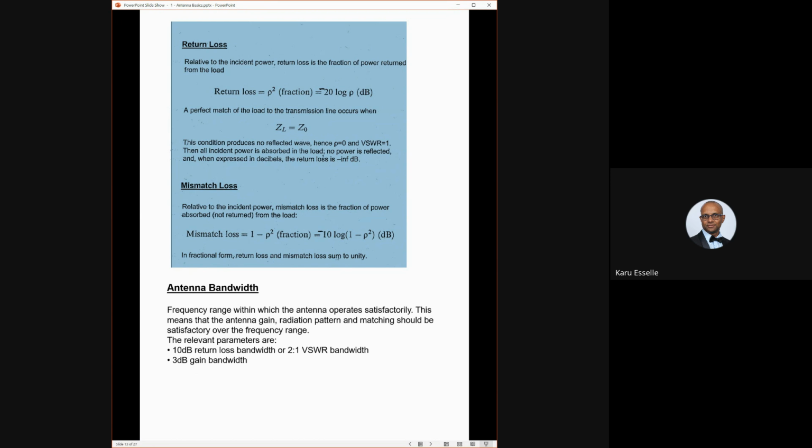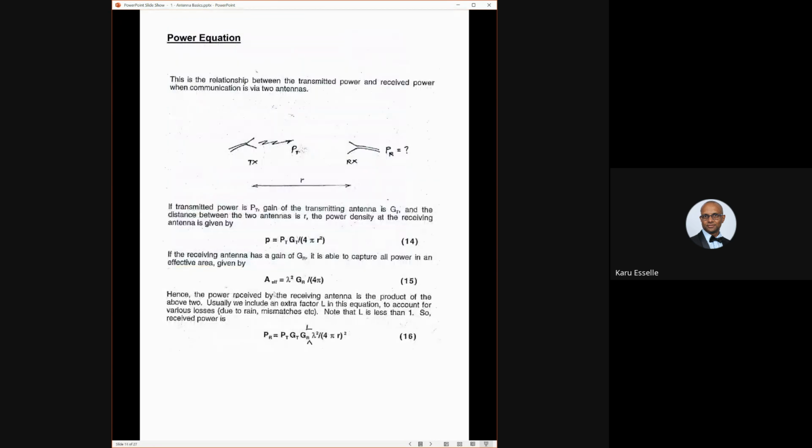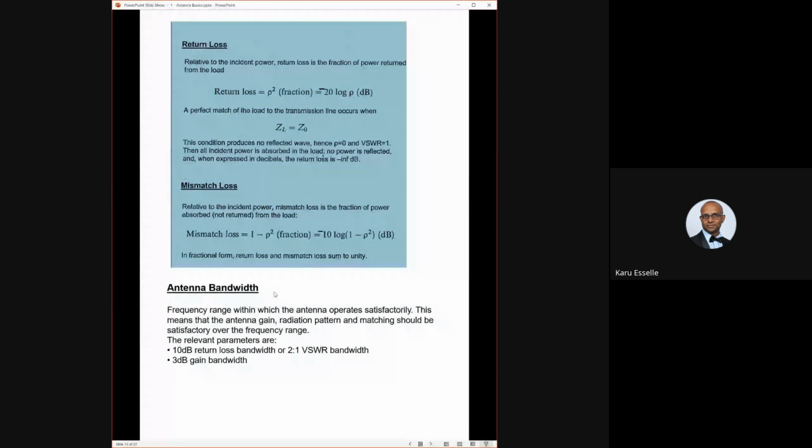Now the other important parameter is bandwidth, because normally we don't design antennas to operate at one frequency. We need the antenna to operate over a range of frequencies, whether it is a wireless communication application or a radar application.